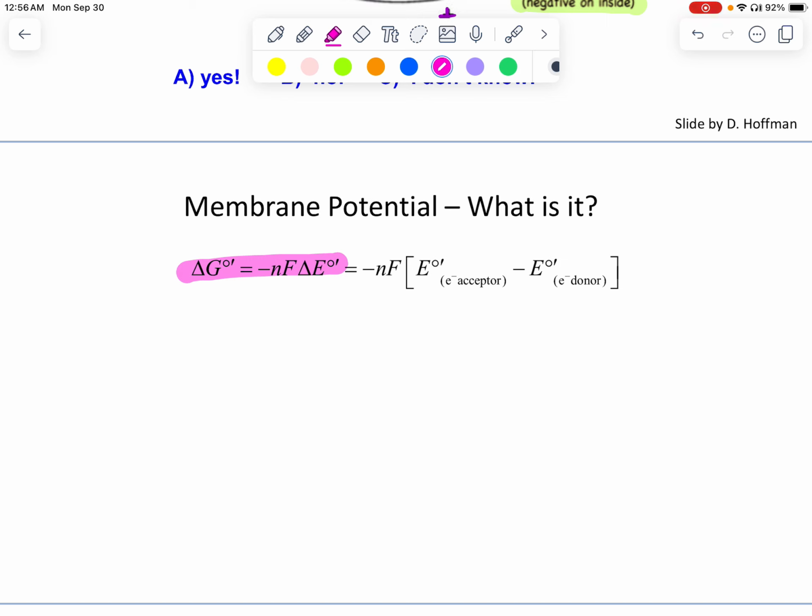If we wanted to know the standard cell potential, we'd look up the electron acceptor and electron donor. Remember, the standard reduction potential of the thing being reduced minus the thing being oxidized, and we could calculate that. n was our moles of electrons. F was Faraday's constant.